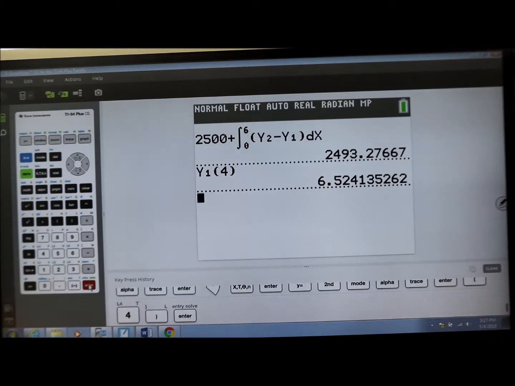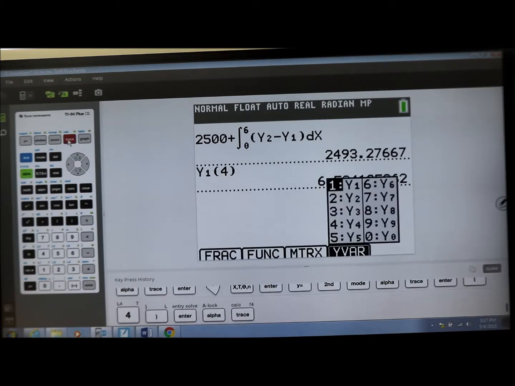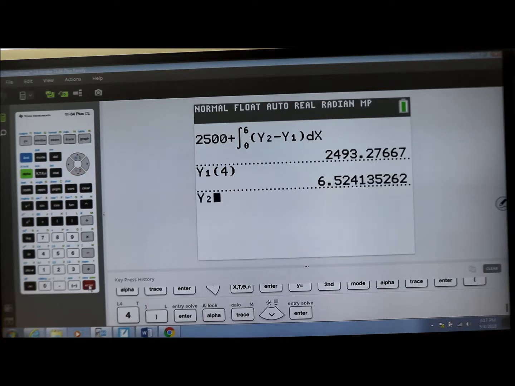Let's do that with y2. So alpha trace y2 of 4.